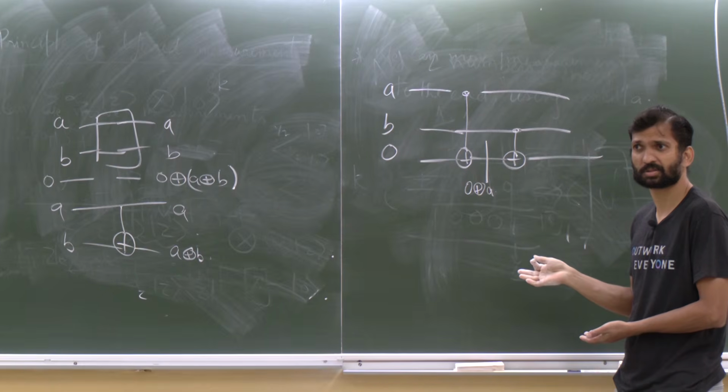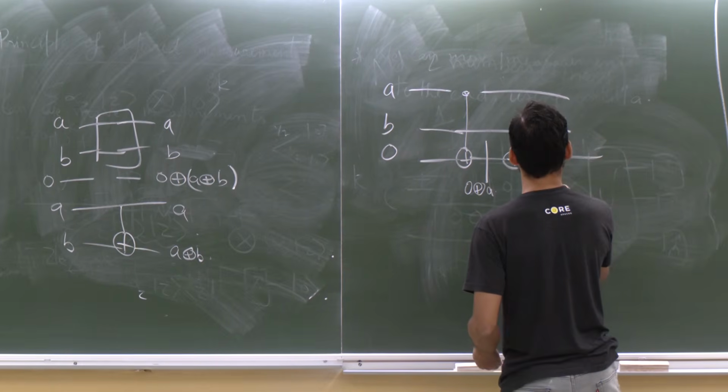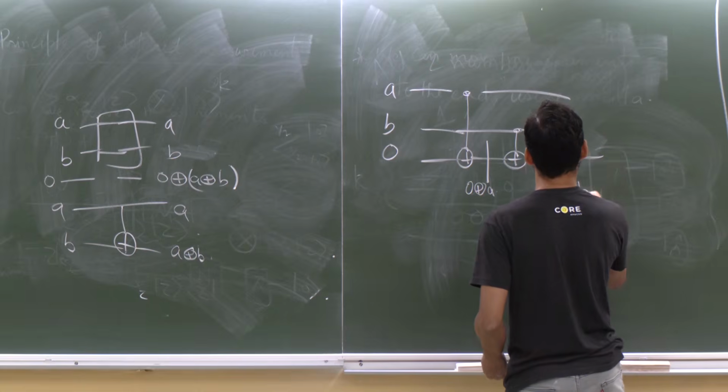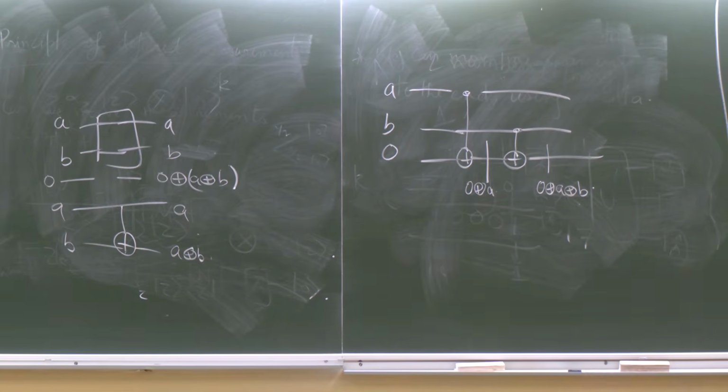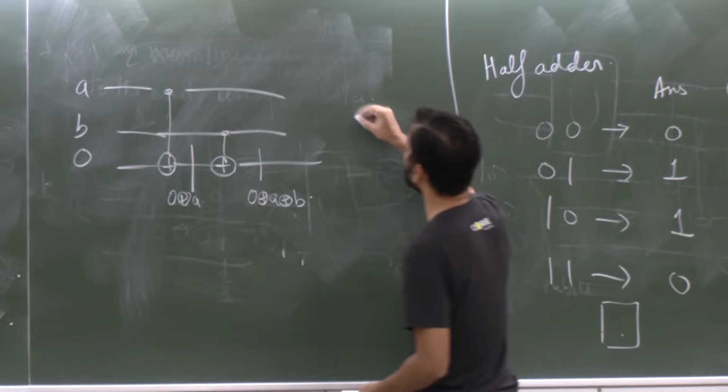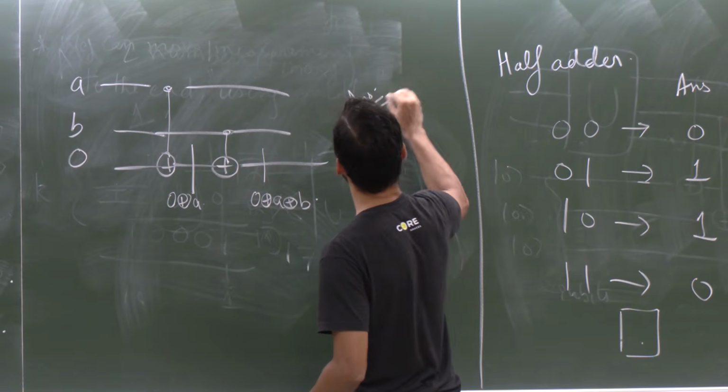This is what C0 does. What happens here? Great. So there is a very, very simple circuit which calculates the answer.